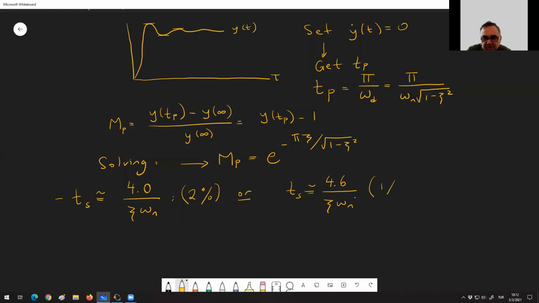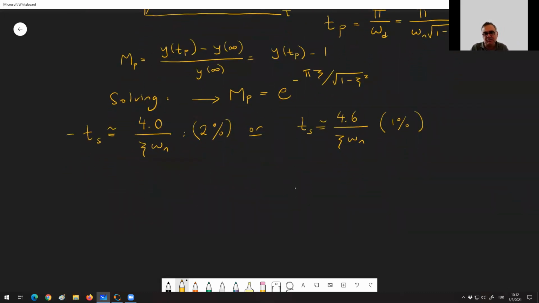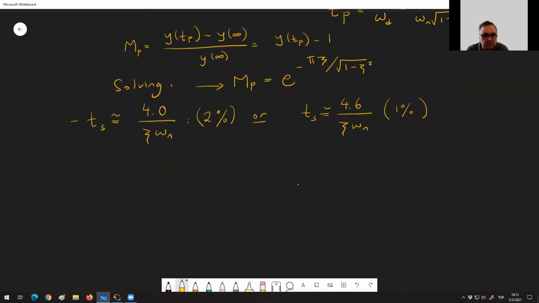This is 1%. That is, you reach the 1% of the steady state value. If you want to use 1%, you use 4.6. If you want to use 2%, you use 4 over zeta omega n. Zeta omega n is the real part of the poles, as you remember. This is derived from the response.